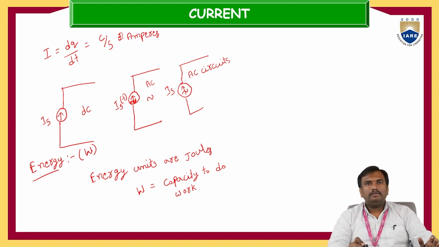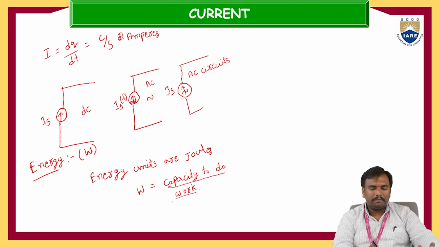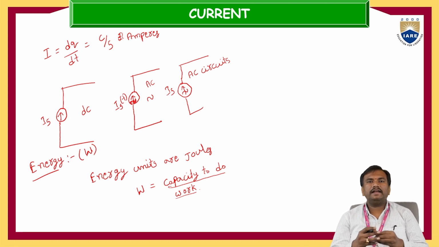Now we will go with some other definitions corresponding to circuits, that is energy. Energy is nothing but the capacity to do work. For any work, the capacity for completing that work is called energy.